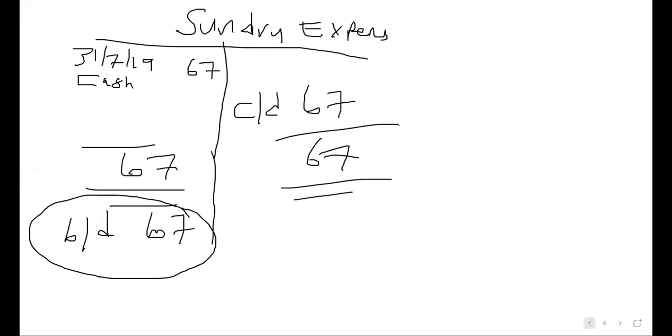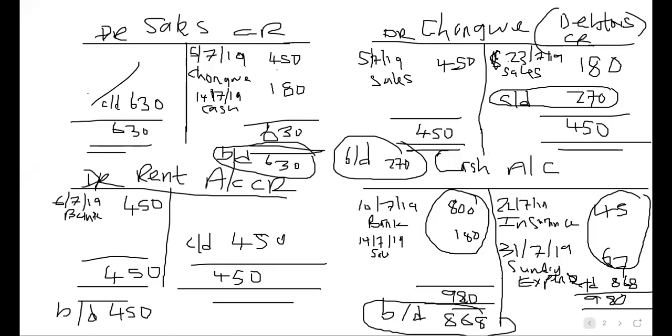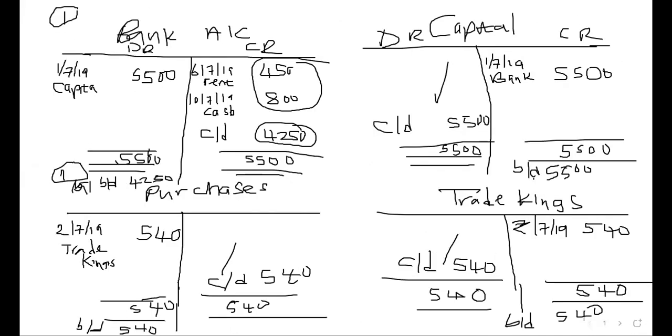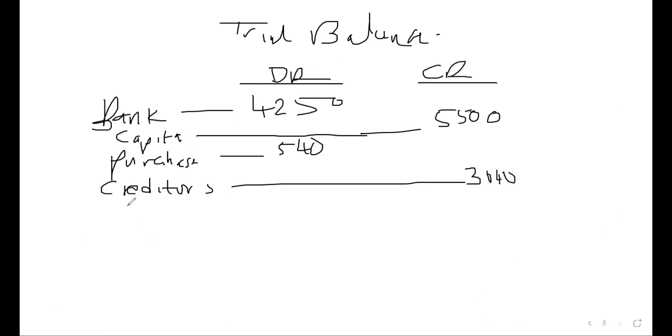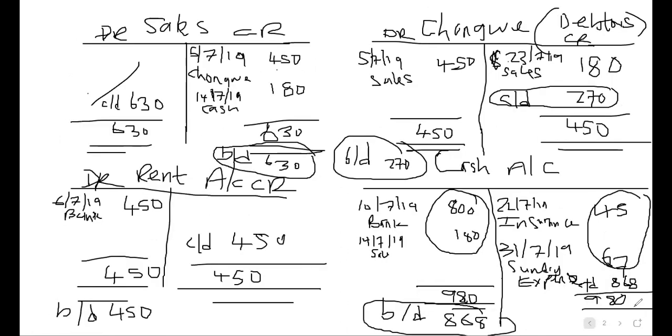Then we can go for the other one, which is sales, 630. What are we having next?